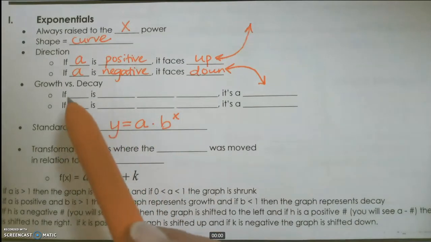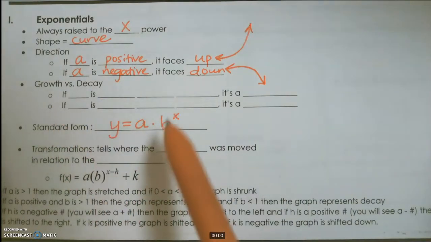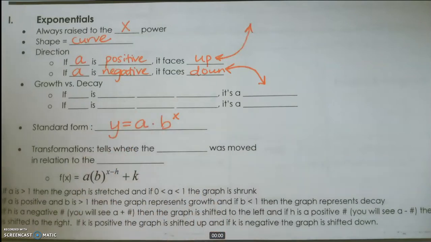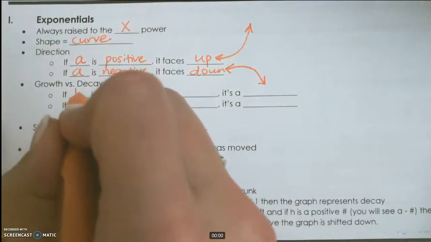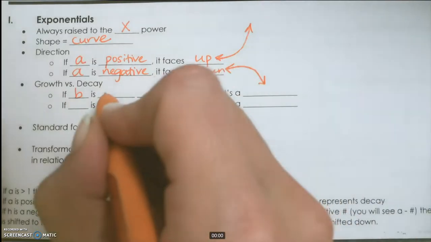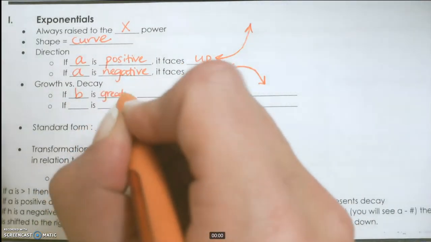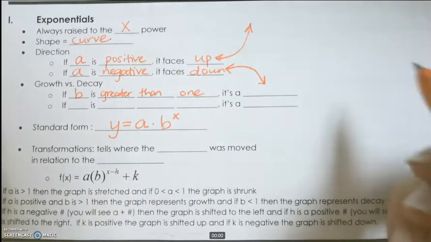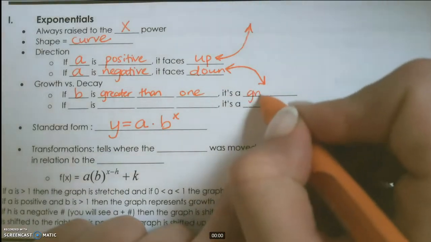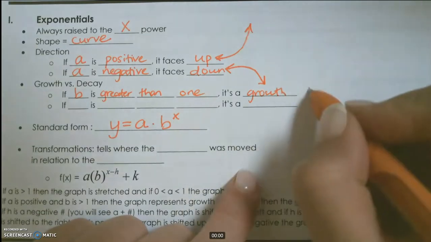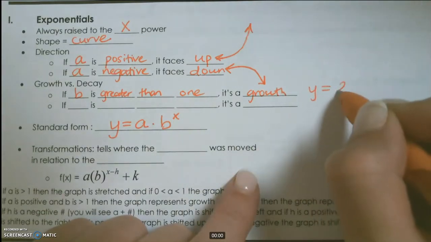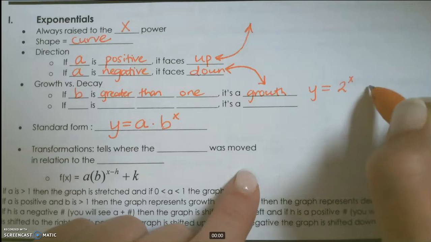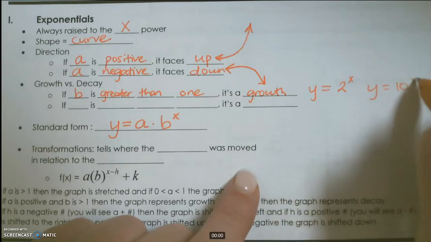Okay, now deciding whether it is growth or decay has to do with the base value, not the leading coefficient. So if b is greater than 1, then it is growth. Examples of growth: y equals 2 to the power of x, or y equals 10 to the power of x.